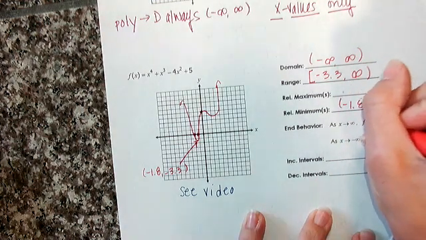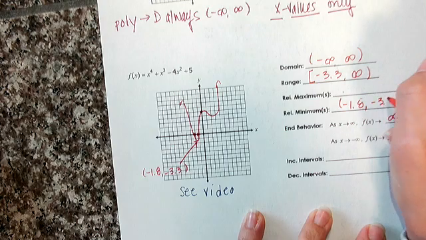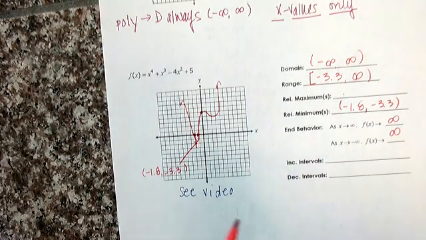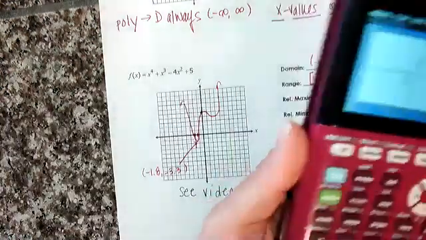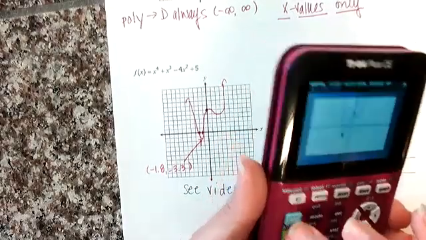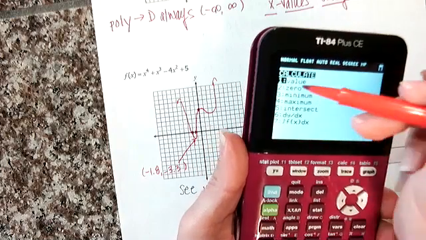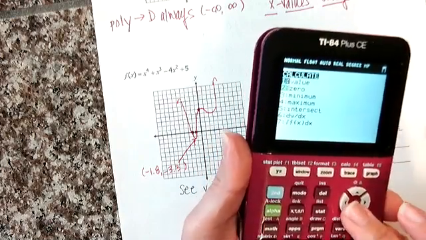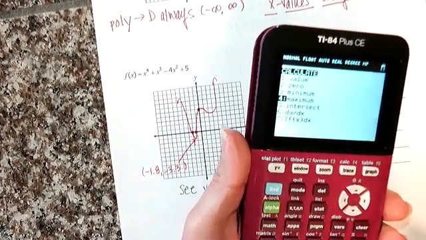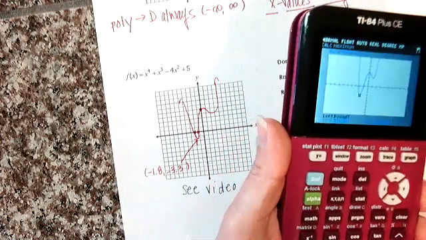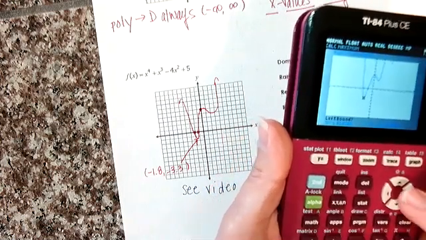You will get better at the calculator with time. The maximum, again, I'm going to do second, trace, that accesses the calculate menu. And this time I want to do the maximum. It's going to ask me for the left bound, right bound.